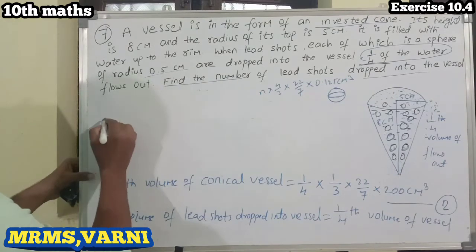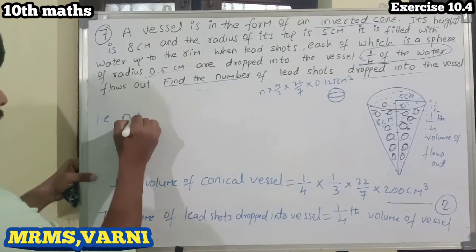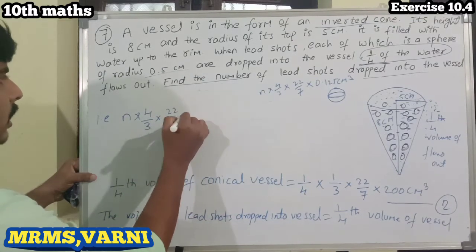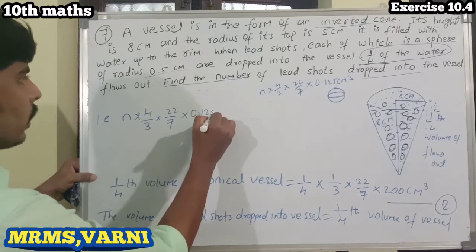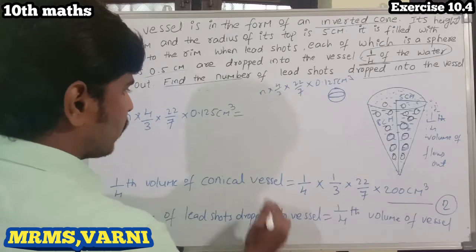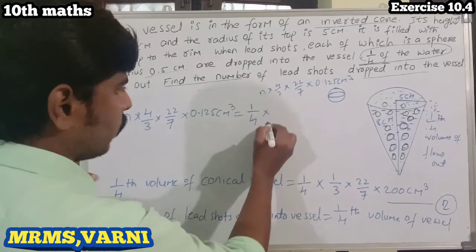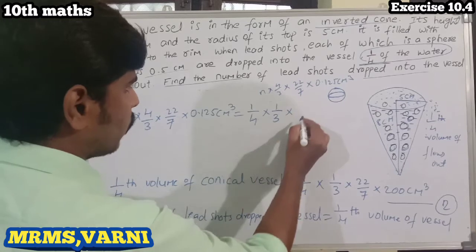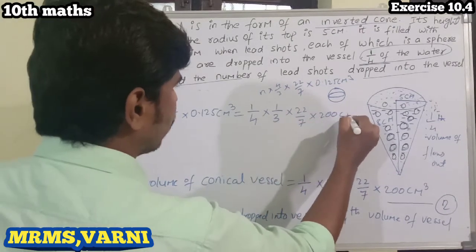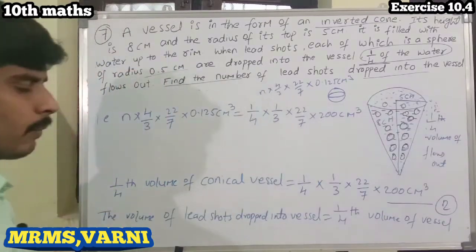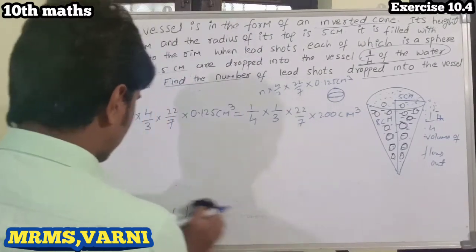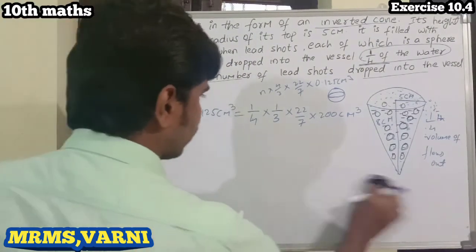So that is n into 4 by 3 into 22 by 7 into 0.125 centimeter cube is equal to the volume of the vessel, that is 1 by 4 into 1 by 3 into 22 by 7 into 200 centimeter cube. Okay, right. I am going to erase.